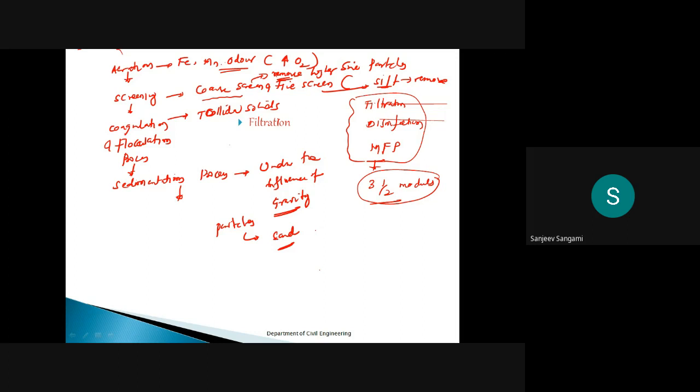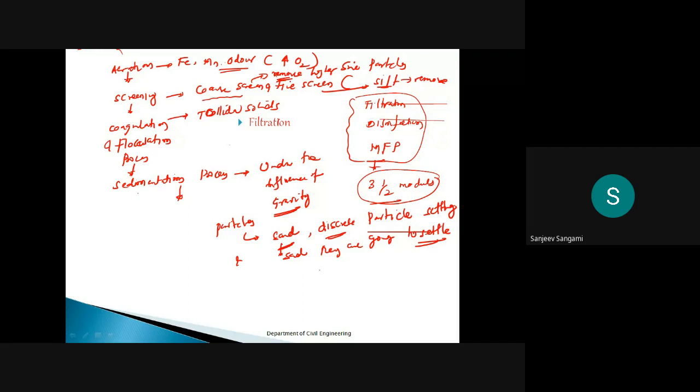I already explained discrete particle settling. If the particles are bigger than sand also, they are going to settle.